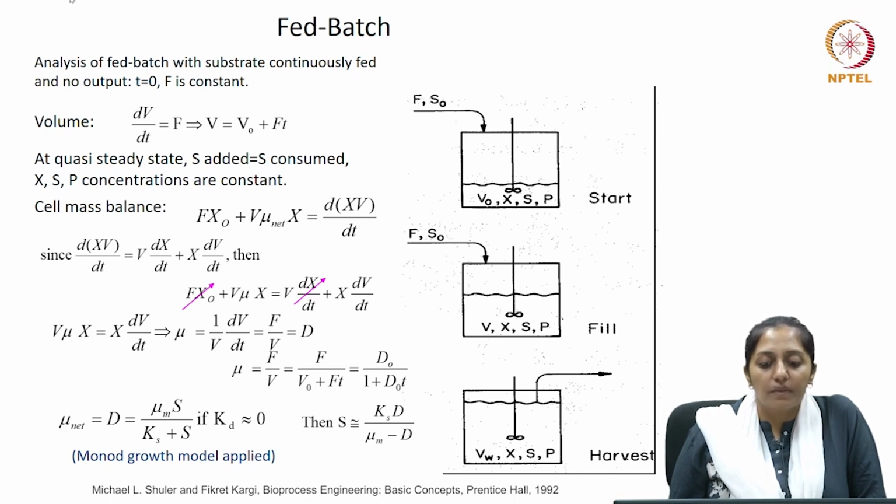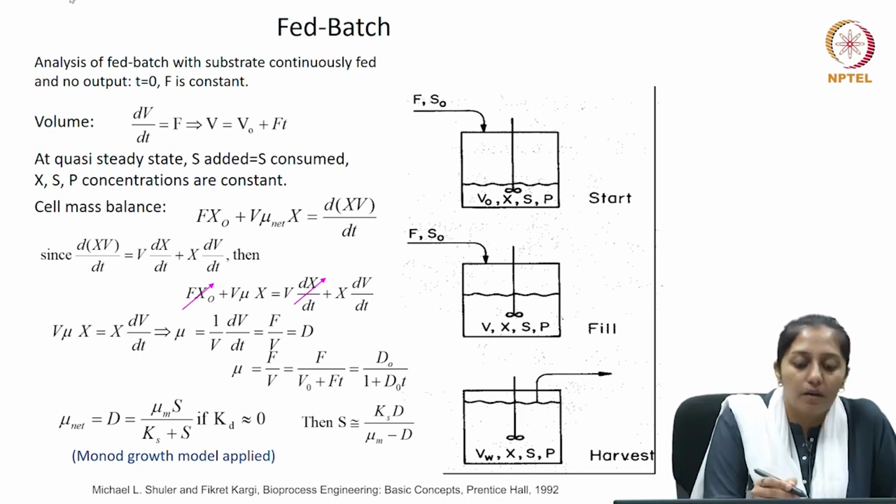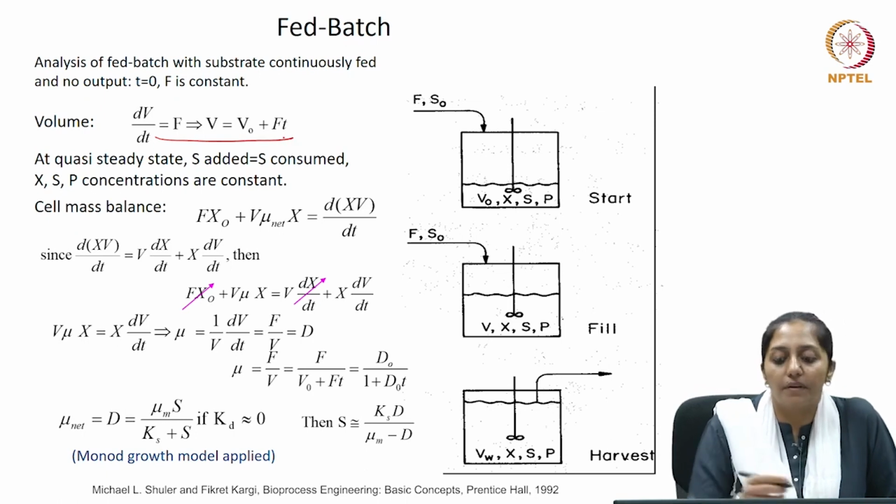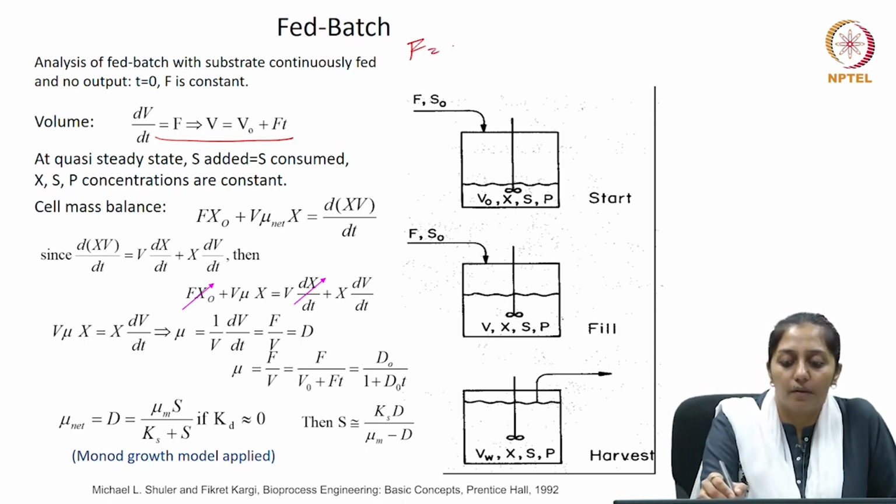We will assume that this fed batch process is a constant feed flow rate process, which means there is a flow rate F of the inlet feed going inside the reactor, and it is constant. There is no change in the flow rate with time. Can you see the first line? It is a volumetric flow rate. So, it is dV by dt as given here.